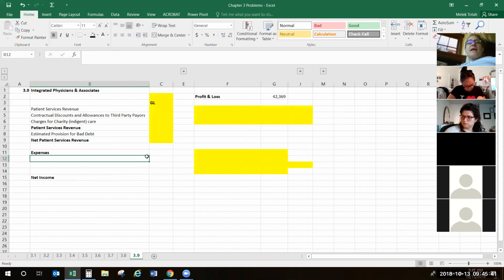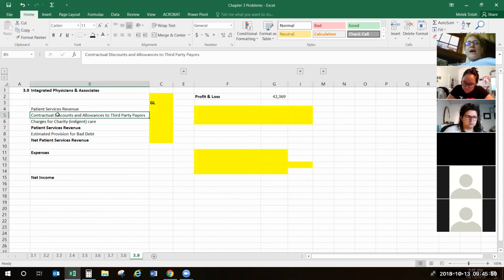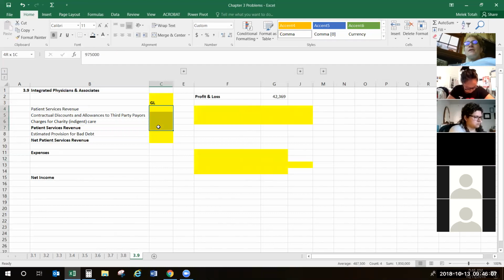So what it's saying is you have a general ledger, where you have all your detailed information about your patients and the charges for your patients and things like that, right? So your general ledger shows that you have patient services, that you have contractual discounts, right? You have charges for charity, and you have patient services revenue. So all of that shows up in your general ledger.